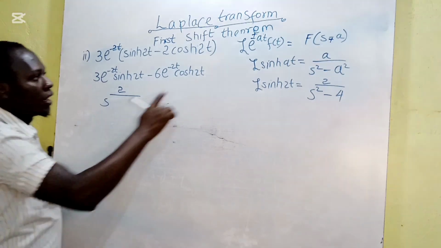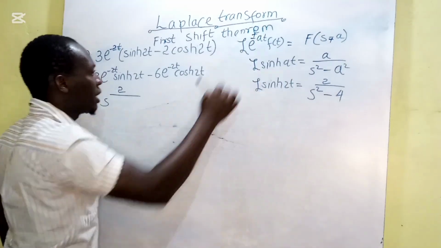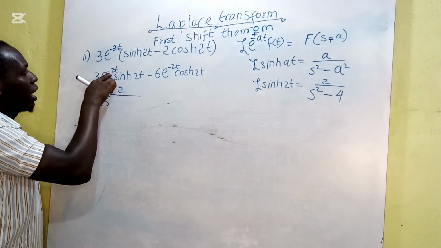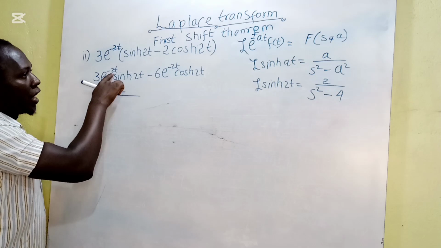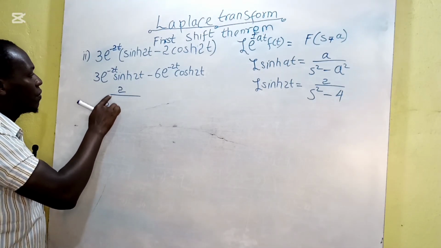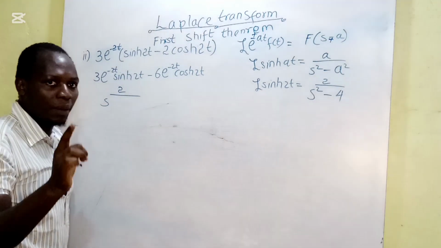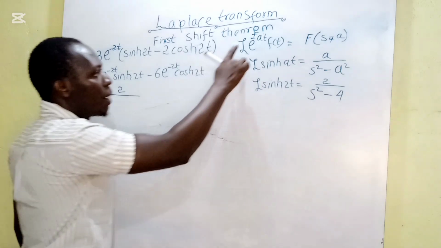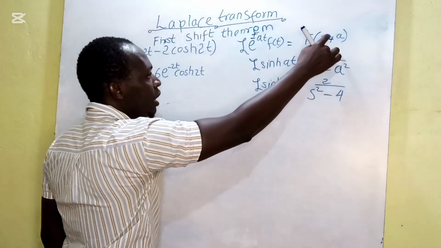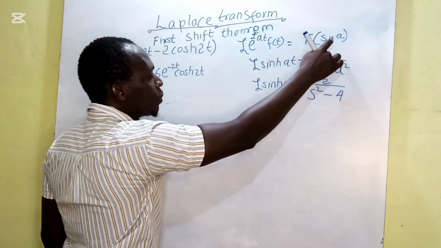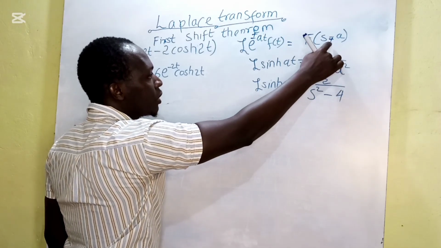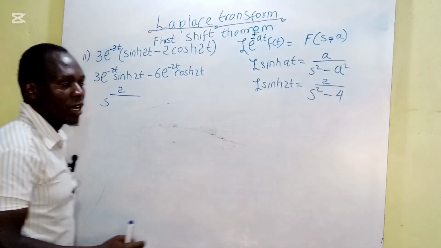To mean that we are going to have 2 all over s. Now, to our signs here, we are having a negative of 2. And we say that when we are having a negative of 2, to the term of s it will now be a positive, because the negative goes with the shifting and becomes a positive.